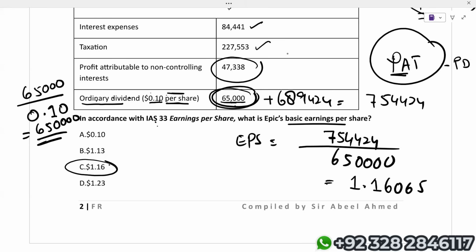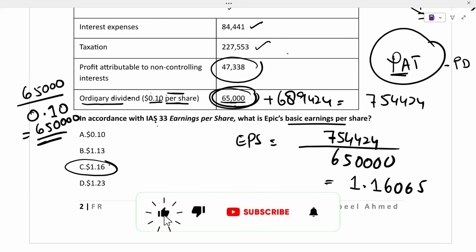For example, in EPS, I could ask, what is the formula of EPS? Another question could be, what is the meaning of theoretical ex-rights price? Things like that, or different concepts as well. If you want to do the same practice with me, do let me know. Then from the coming class onwards, we will follow that practice also. Towards the end of the class, I'll ask a few questions, and that's it. If you have anything else to say, ask, I'm available.